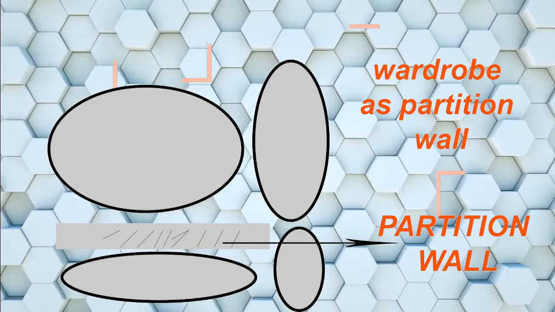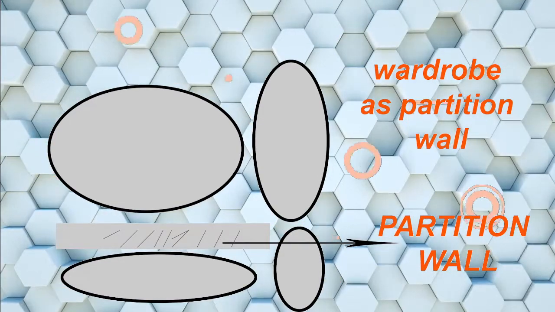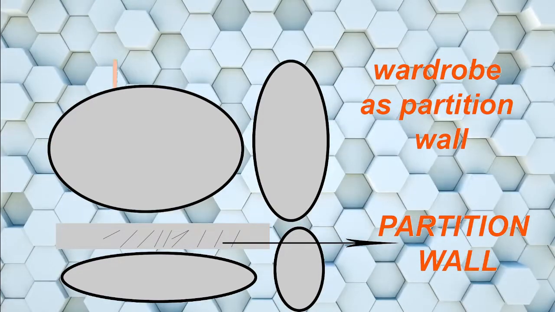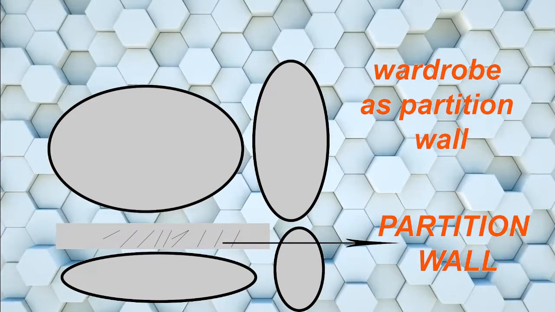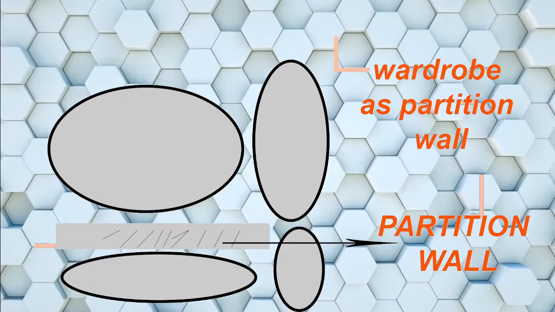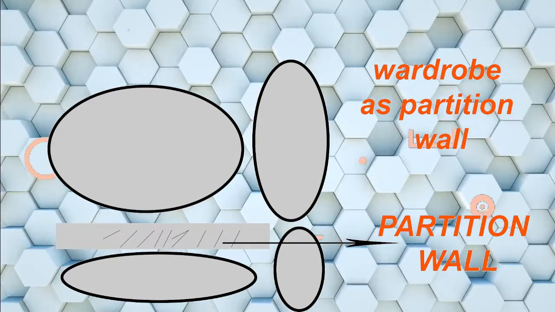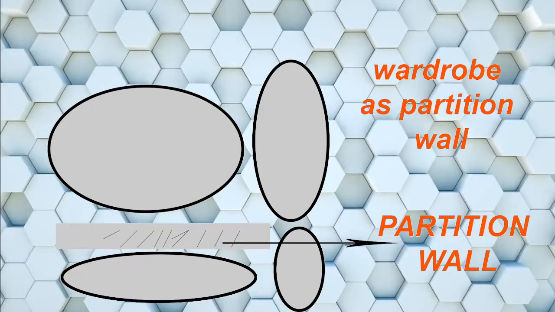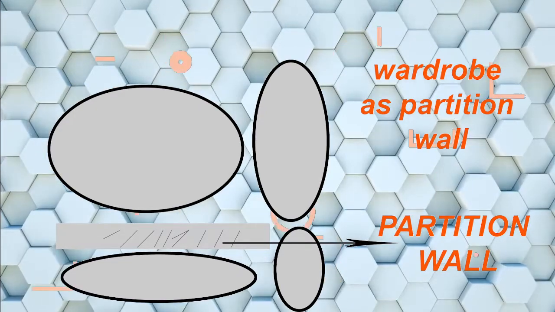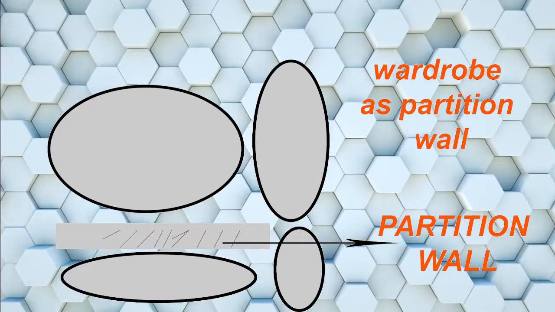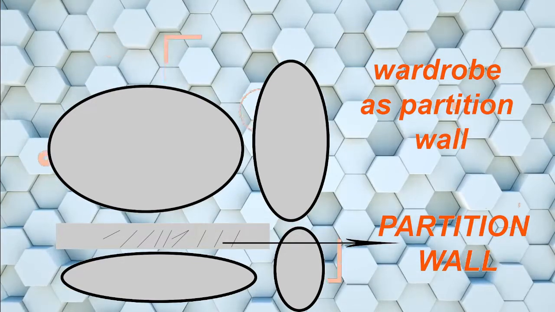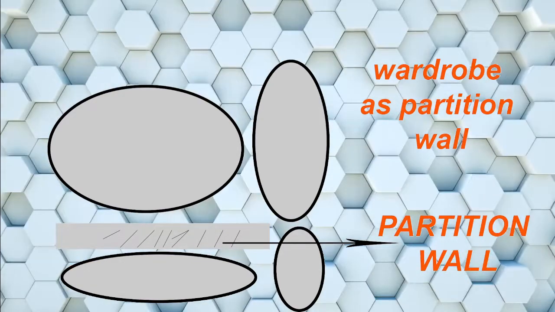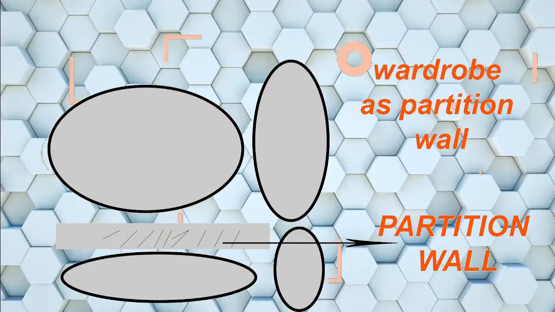I don't have to invest in one more wall, because my wardrobe can act as the middle partition wall and serve as a wardrobe inside. It can also be a backdrop where I can put up all my worksheets.